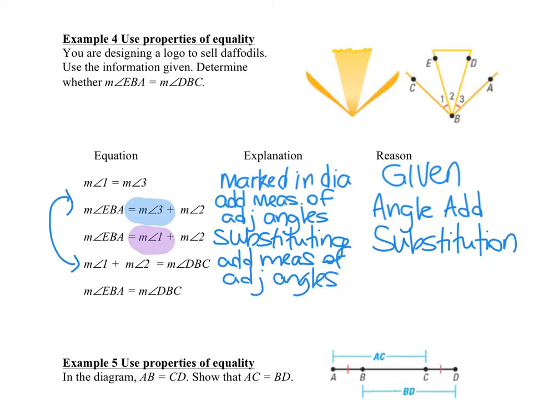When I add measures of adjacent angles, that is angle addition. And now I look and see that I have the measure of 1 plus 2 equals both EBA and DBC.